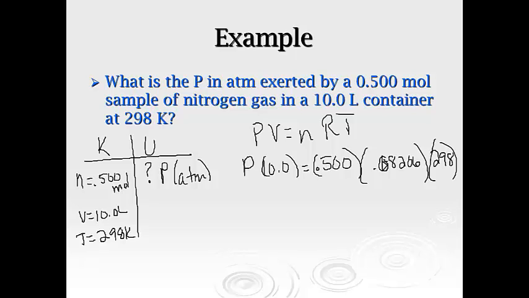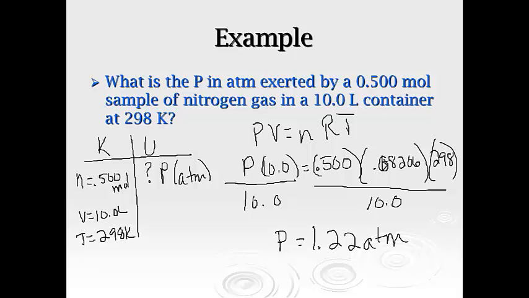So we're going to take 0.500, multiply it by 0.08206, multiply it by 298. In order to get pressure by itself, we're going to divide both sides by 10.0. Three significant figures, because that's what all of our data has, and our pressure is going to come out to be 1.22, and remember it's going to be atm. So there's one sample.